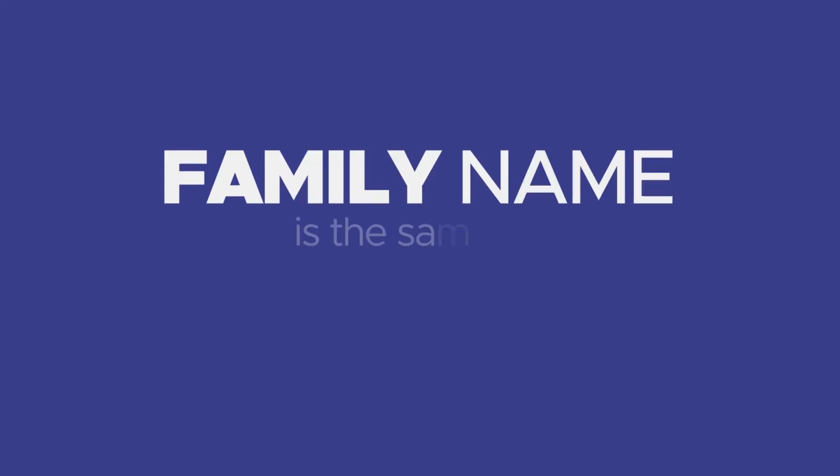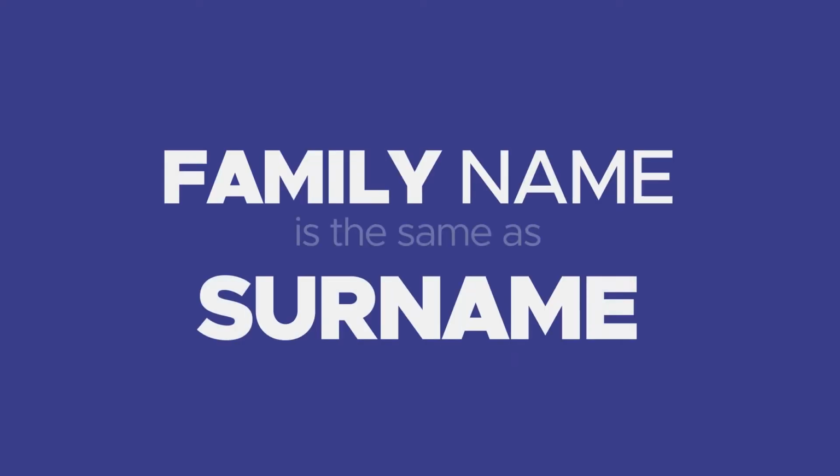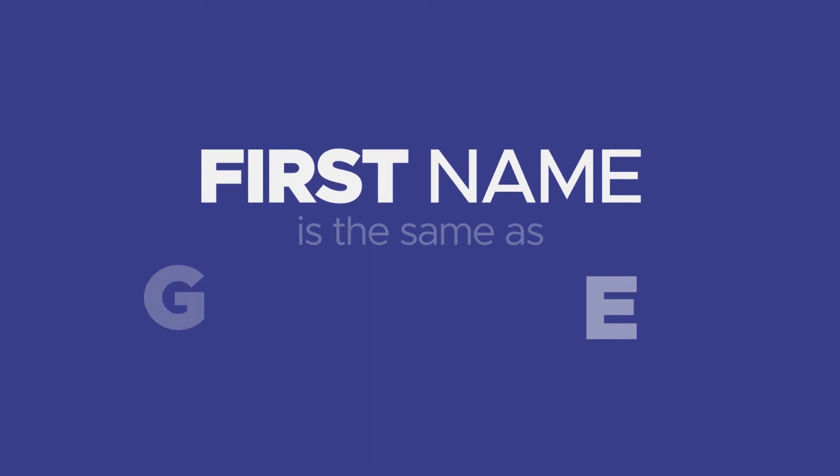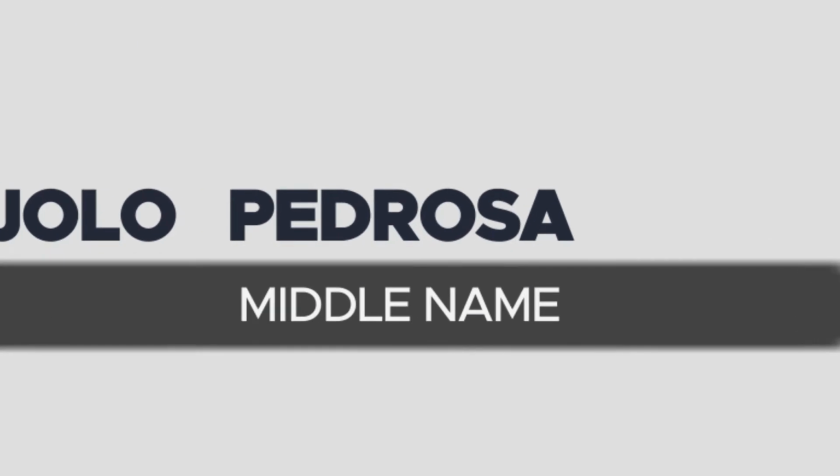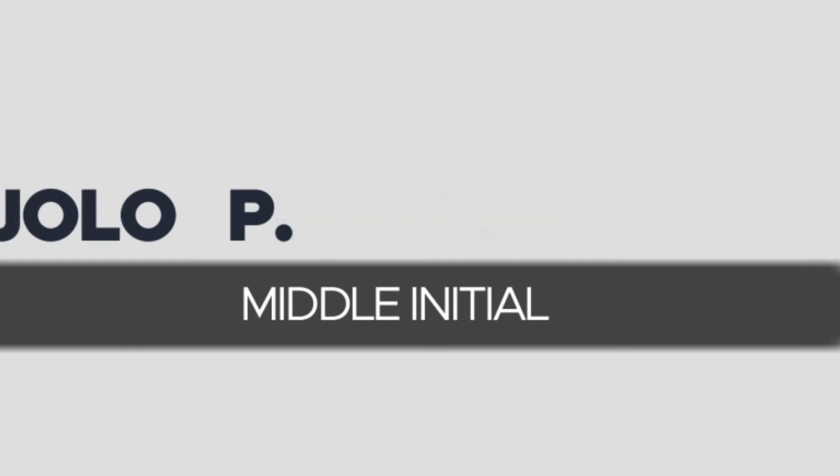Family name is the same as surname, and first name is the same as given name. In the example, we noticed that the middle name is Pedrosa. However, if the form will ask us to provide the middle initial, we need to provide only the first letter of the middle name. In this case, we write only letter P and put a period.